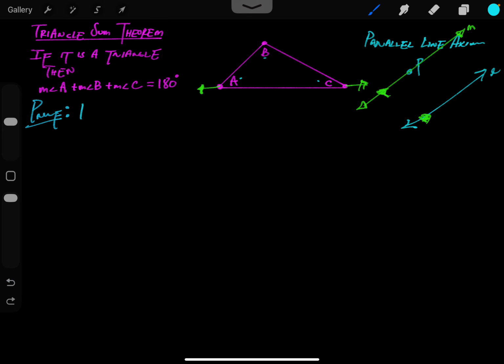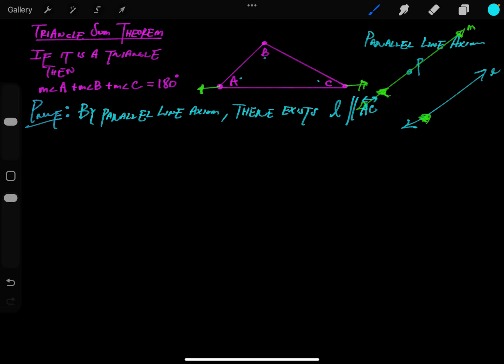Okay. By parallel line axiom, there exists L parallel to AC through B. Draw L. Okay, so it helps us with our proof.